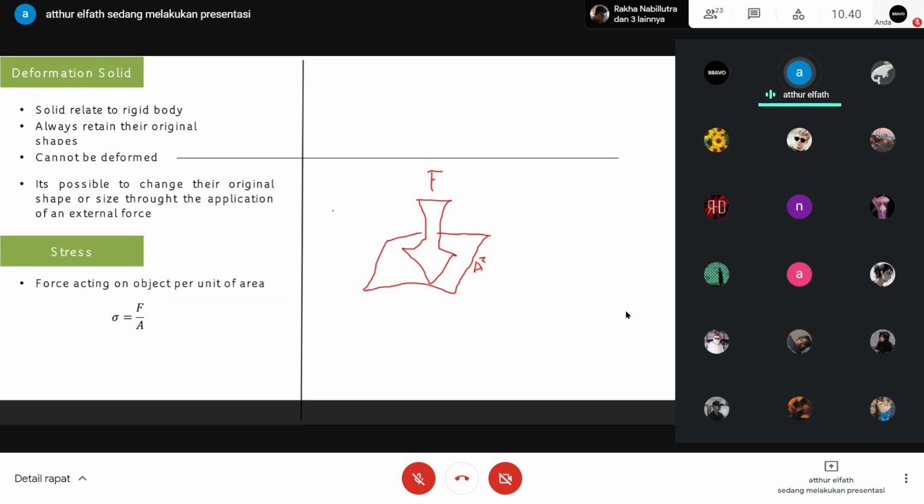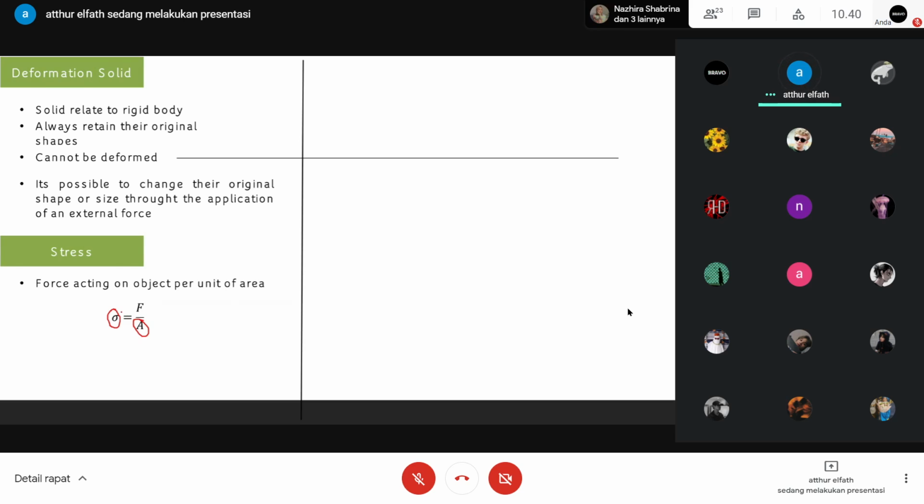Basically like this figure, this is the meaning of stress. Now, as you can see, stress is inversely proportional to area. So this means if you want to decrease the stress, you have to increase the area.